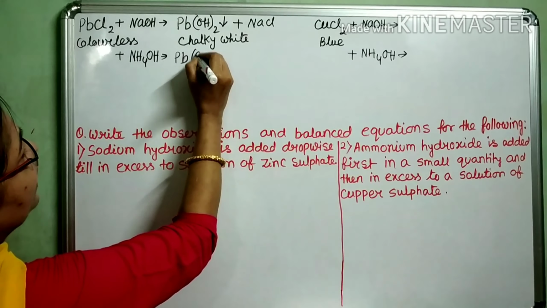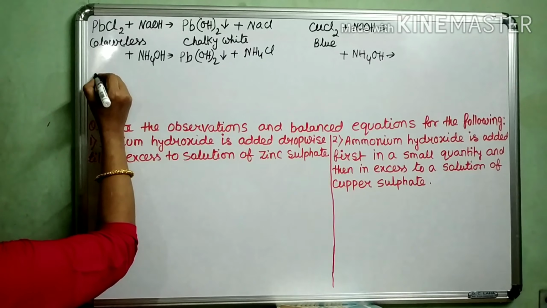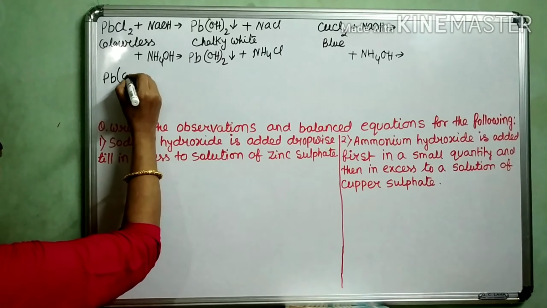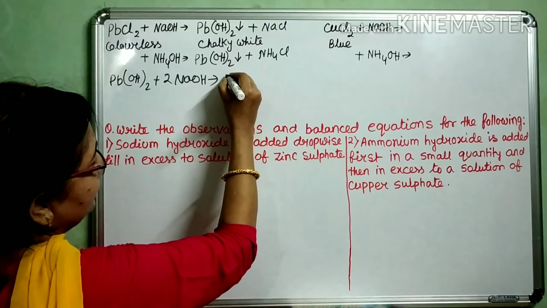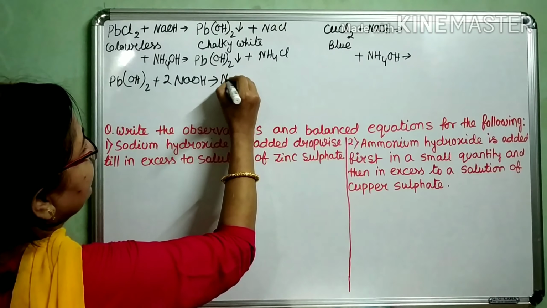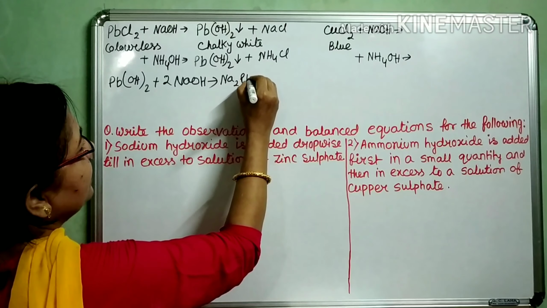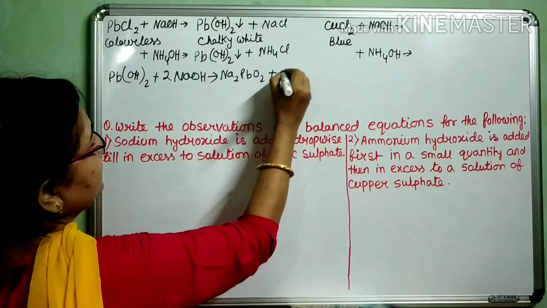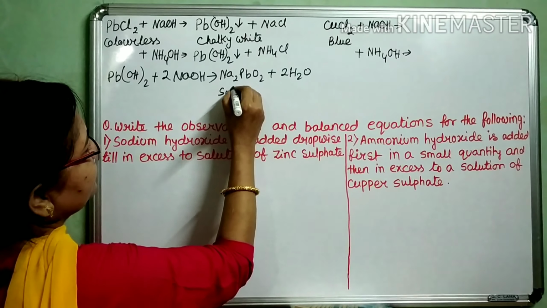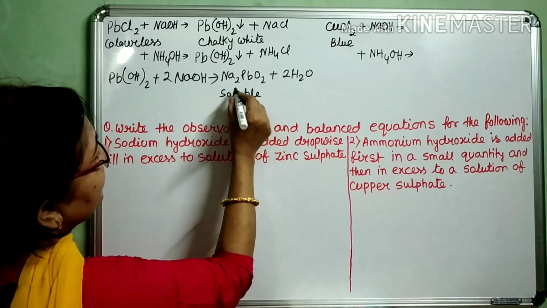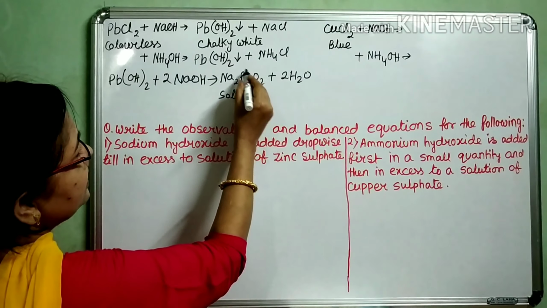But when excess NaOH is added, lead hydroxide plus excess sodium hydroxide gives sodium plumbate, this means Na2PbO2 plus H2O is formed, which is soluble. And a colorless clear solution is formed which is soluble.